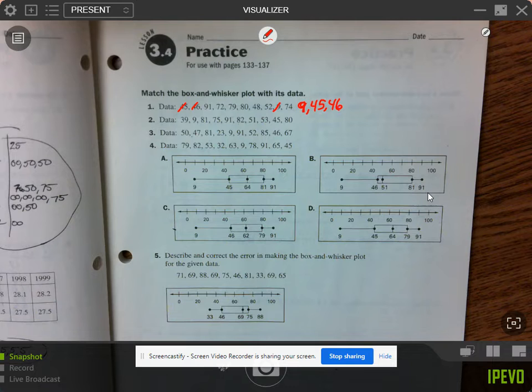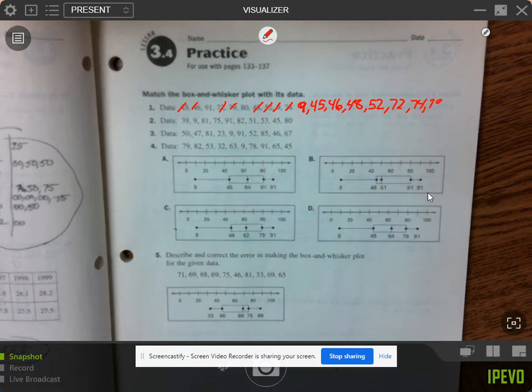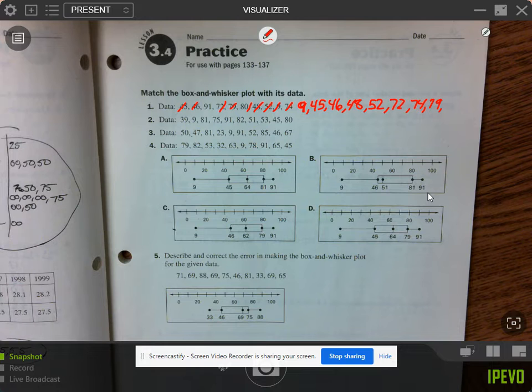46, 48, 52, 72, 74, 79, 80, and 91. So looking at that, the first thing I'm going to do is find my median.